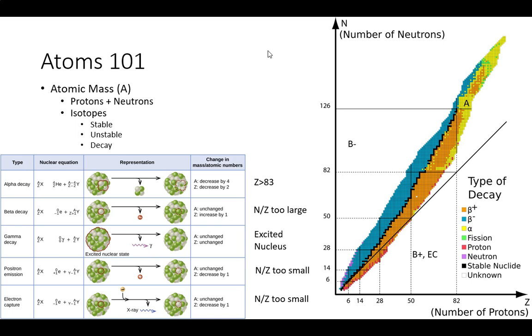So the positron usually gets annihilated by running into an electron, and you get two of these 511 keV gamma rays shooting off in either direction. It'll travel a little distance and then boom.